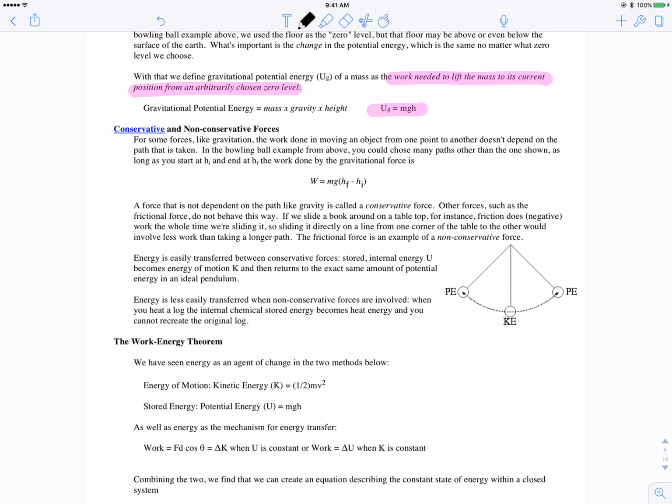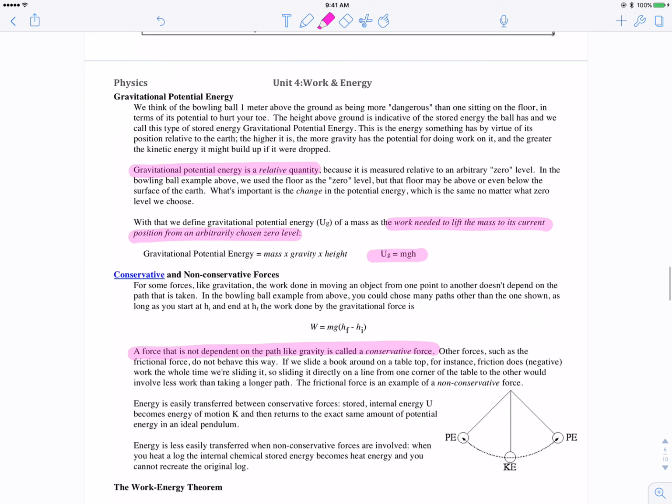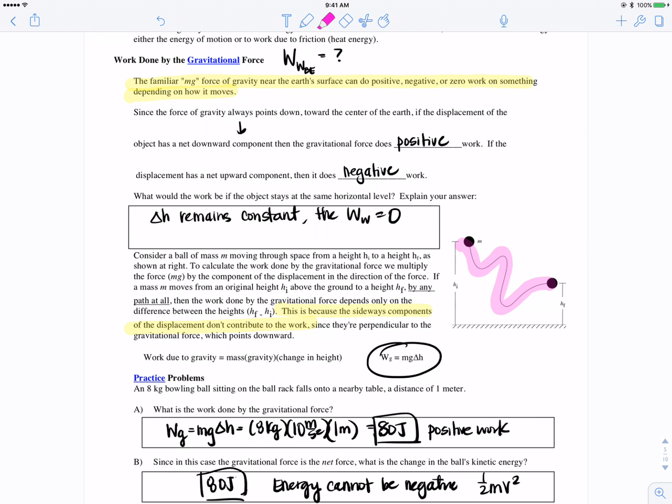So we consider both conservative and non-conservative forces. The gravitational force is a conservative force, meaning it does not depend on the path of the object. Recall from the previous page, when the object moves in this path, the work done by the gravitational force only depends on hf minus hi.